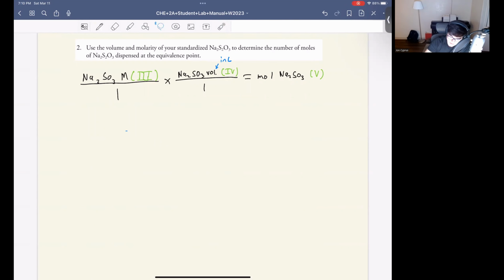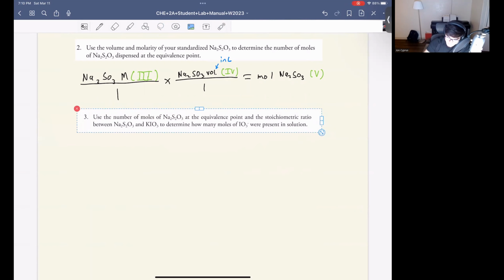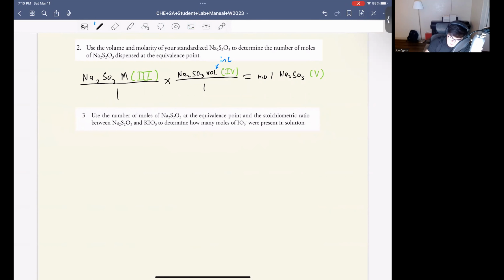Let me post this. All right. So you're going to use the moles of Na2SO3, this is from step 5, times, and then we're just going to go ahead and convert this, right?